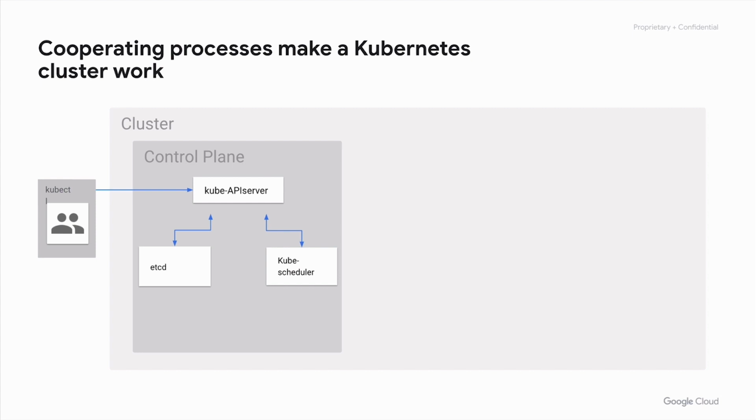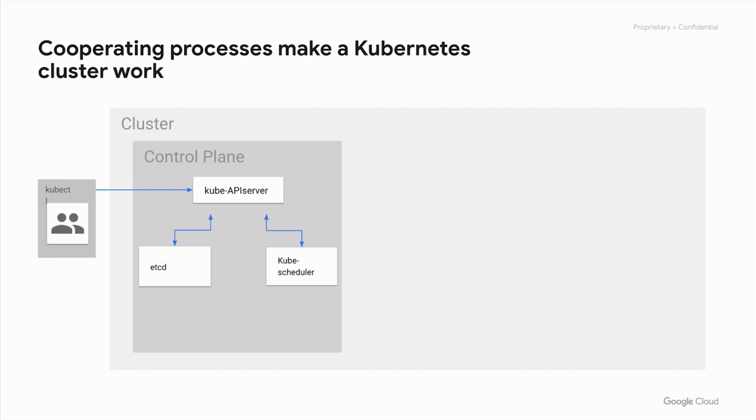You never interact directly with etcd. Instead, the Kube API server interacts with etcd, which I call the database, but it's more commonly referred to as a key value store. Same thing, really, in some ways, right? Anyway, Kube API server interacts with etcd on behalf of the rest of the system.